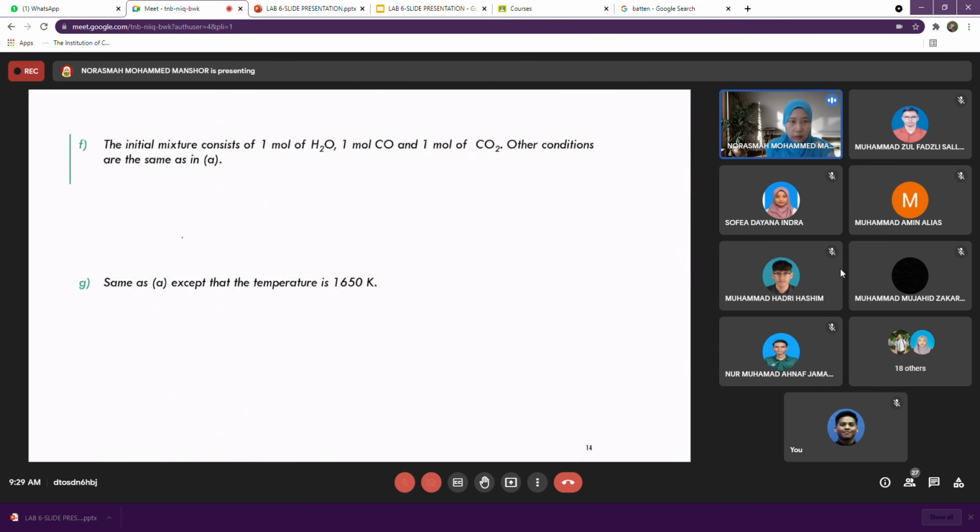Okay, now F. Initial mixture consists of 1 mole H2O, 1 mole CO, and 1 mole CO2. Other conditions same as in A. Sekarang yang berubah dia punya reactant 1 mole H2O, 1 mole CO, 1 mole CO2. So dia punya YI dia berubah lah dengan N0 sekarang 3.